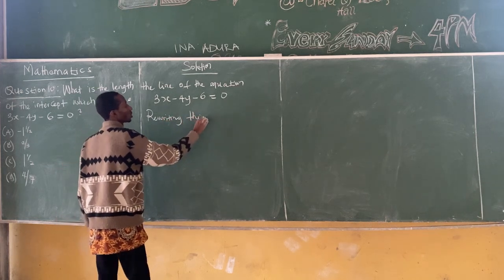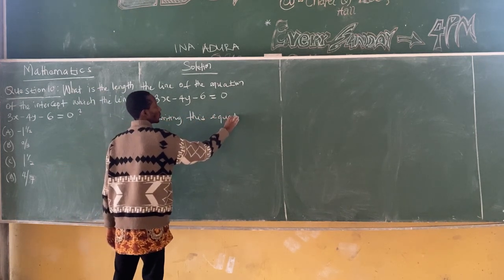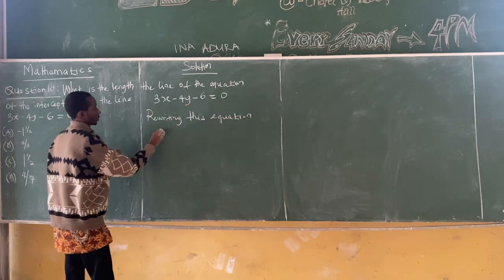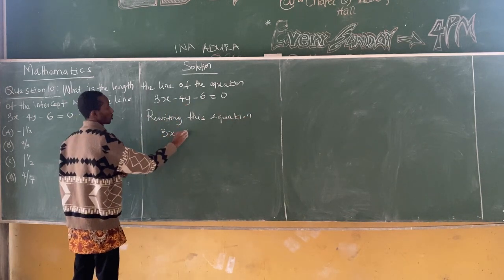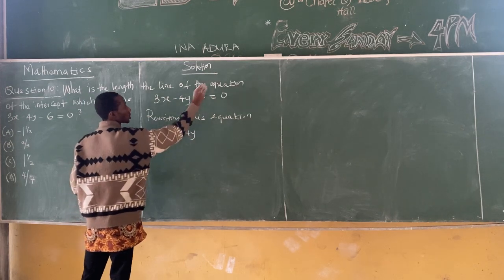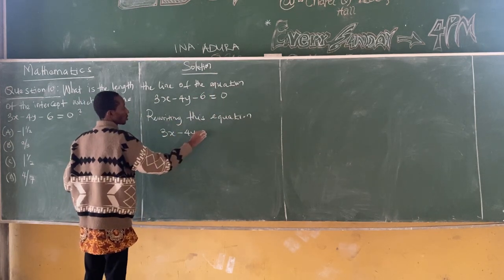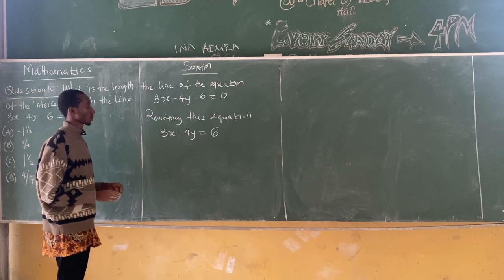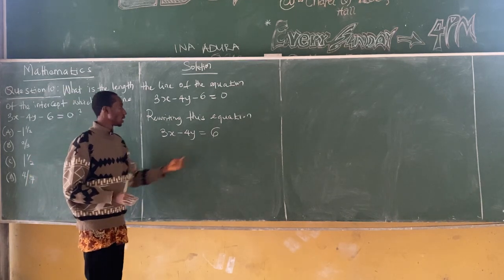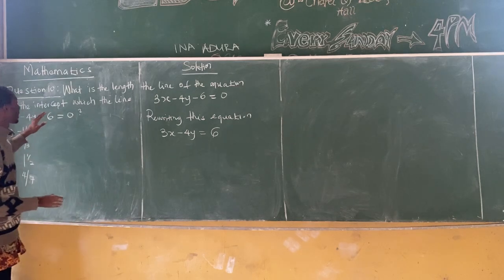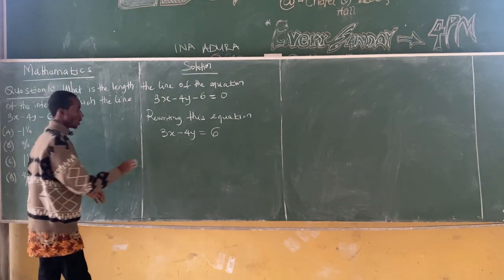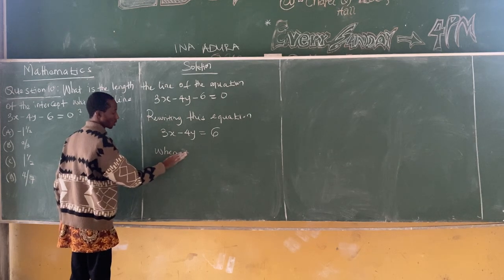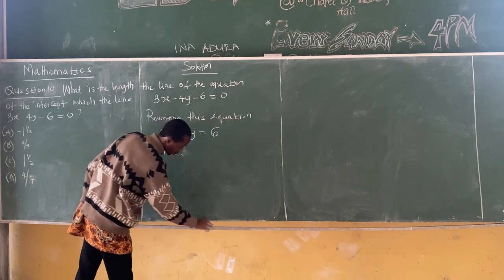Rewriting this equation, we have 3x minus 4y. This crosses the equality sign to this other side. This equals what? 6. Here, they said when it intercepts, so we have x is equal to what? X is equal to 0.